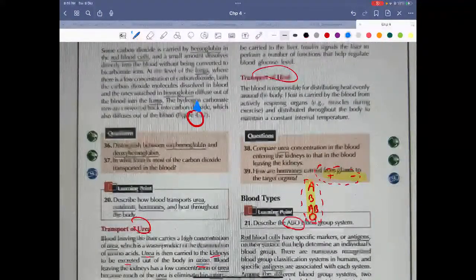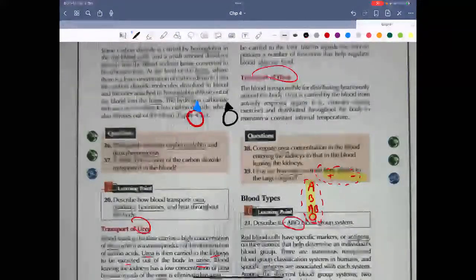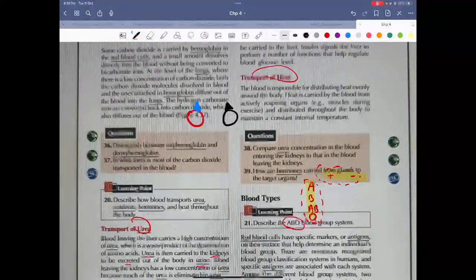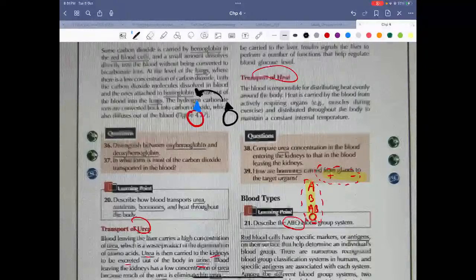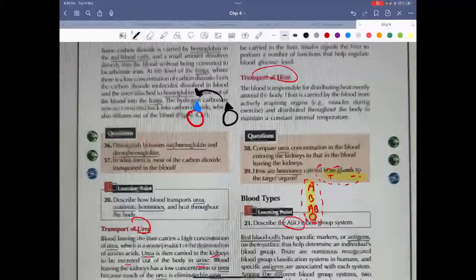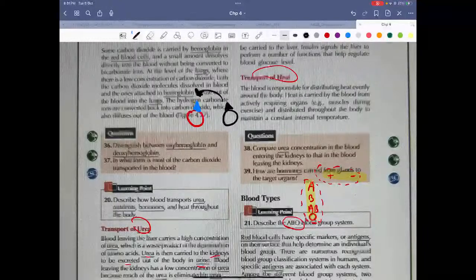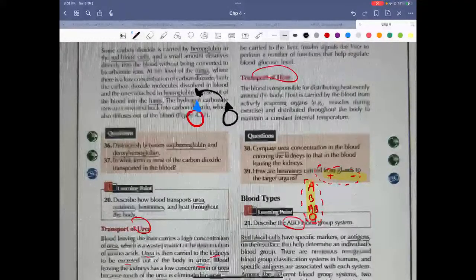Now, is it logical if my body will start producing anti-A bodies? Antibodies A? If I produce antibodies A, I will attack my own cells. Exactly. It doesn't make sense. So I'm not going to produce antibodies that are going to attack my own cells. So what antibodies will blood group A produce? B. Perfect. If you know this, flip them all for the rest.